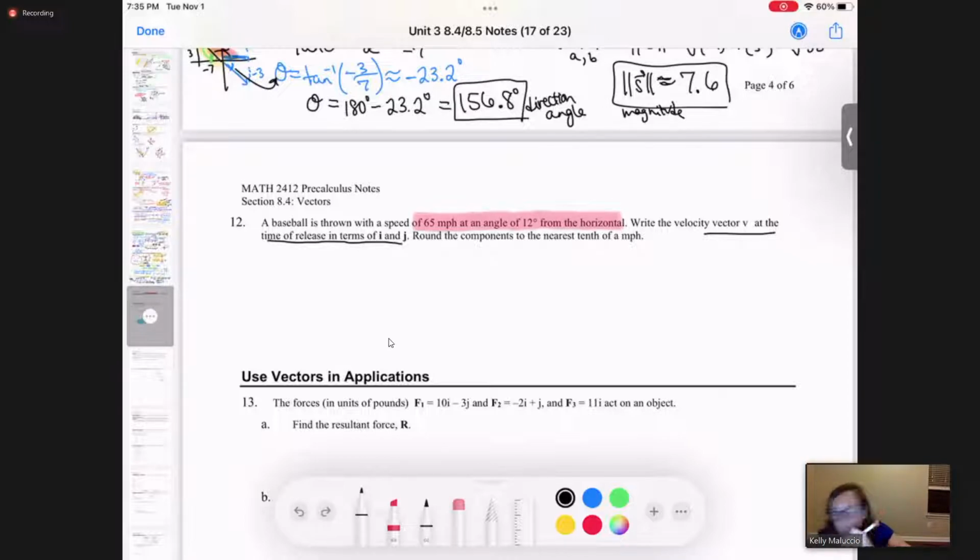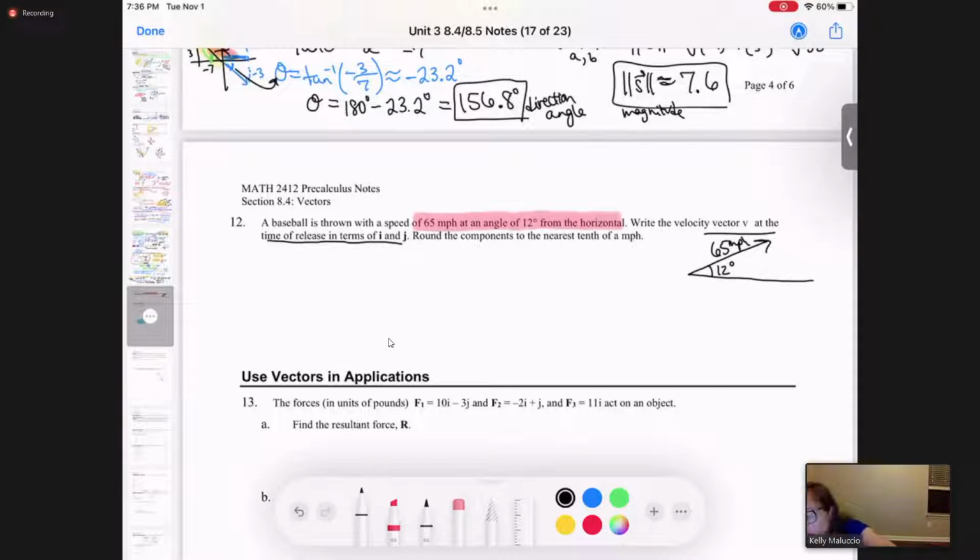So what I see here, or what I'm hearing here, right? Horizontal is here. We're going up 12 degrees at an angle, and this is our vector. We're assuming the magnitude is 65 miles per hour, that's the speed.